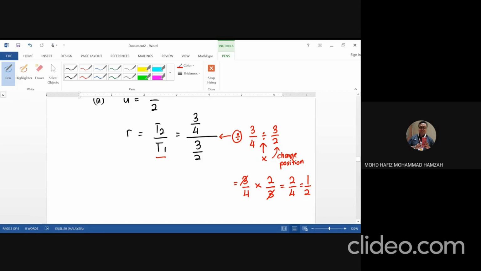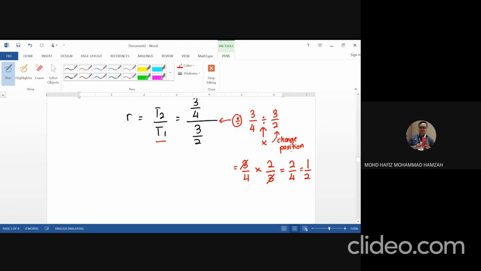So bila pecahan bahagi, yang sebelah kanan tu kita akan tukar jadi darab, and numerator akan jadi denominator, denominator akan jadi numerator. So kita change position dulu lah. So dapatlah macam ni, 3/4 darab 2/3. So you can cancel out your 3. So you akan dapat 2/4 which is equal to 1/2. So that means nilai R adalah 1/2. So 1/2 ni adalah 0.5. So that means it is less than 1. It is not greater than 1, it is less than 1.